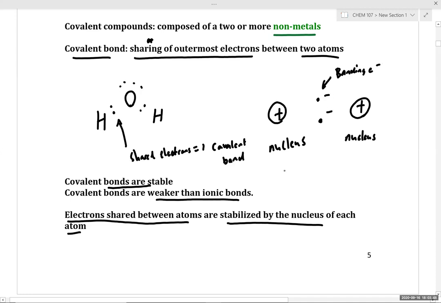These bonding electrons are stabilized by each atom's nucleus. So it's beneficial to share electrons because those electrons are able to interact with and be stabilized by both nuclei. Is everyone comfortable with the idea of ionic and covalent bonds? Any questions?